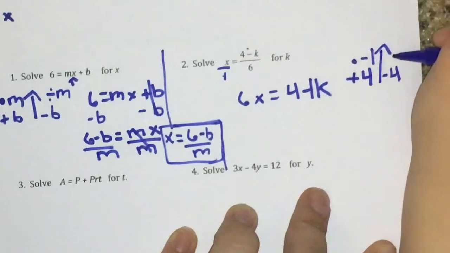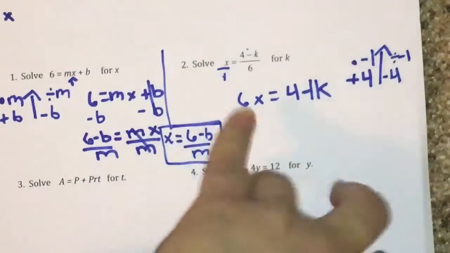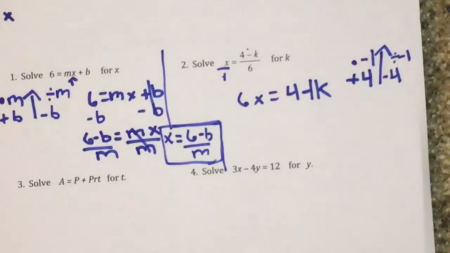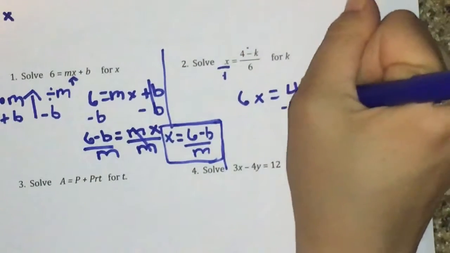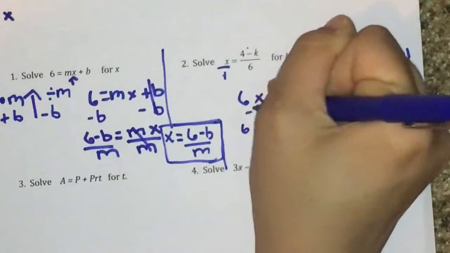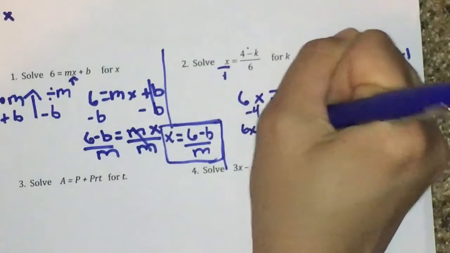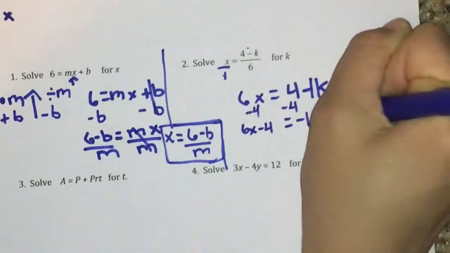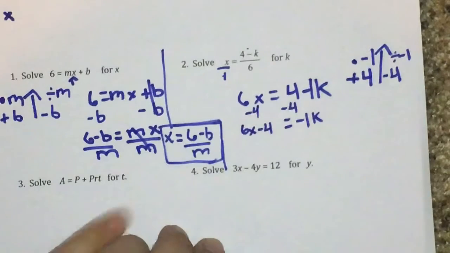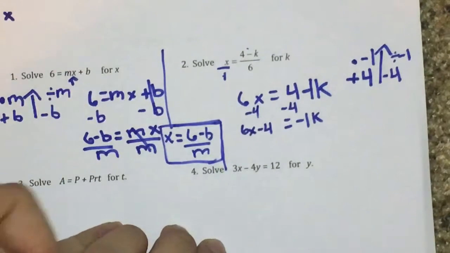Instead of multiplying by -1, we divide by -1. Anytime you see that you have like a negative x or a negative y, it's the same thing as being multiplied by a -1. So then from here, we're going to subtract 4, and we get 6x minus 4, which cannot be combined, right? Because 6x and 4 are not like terms.